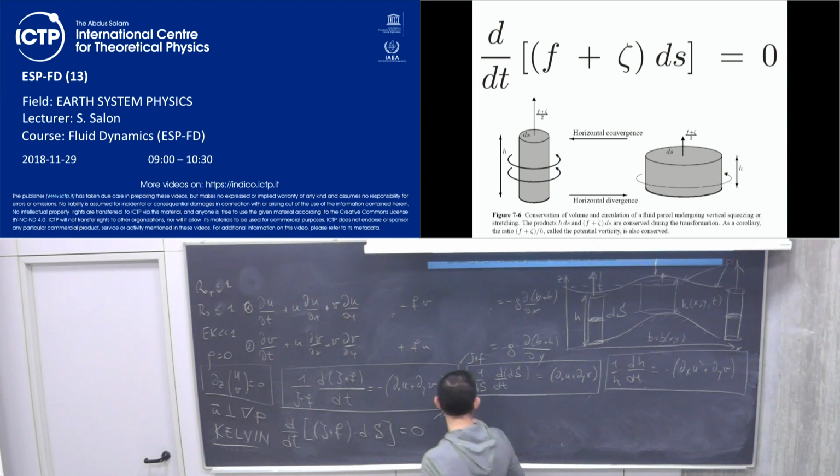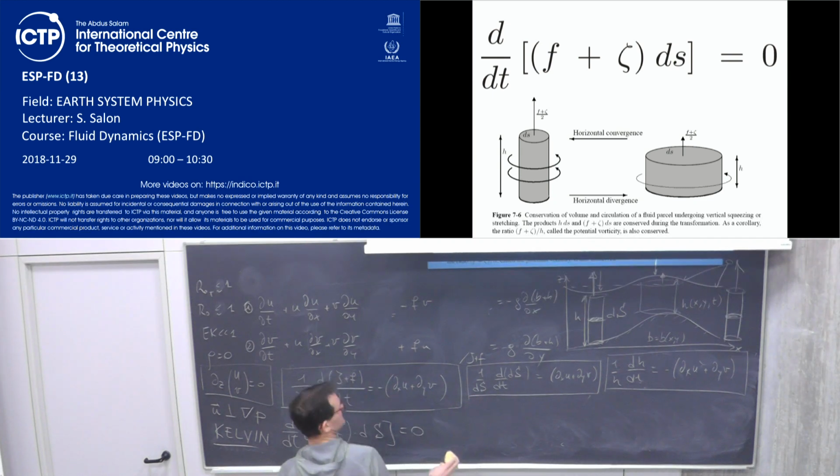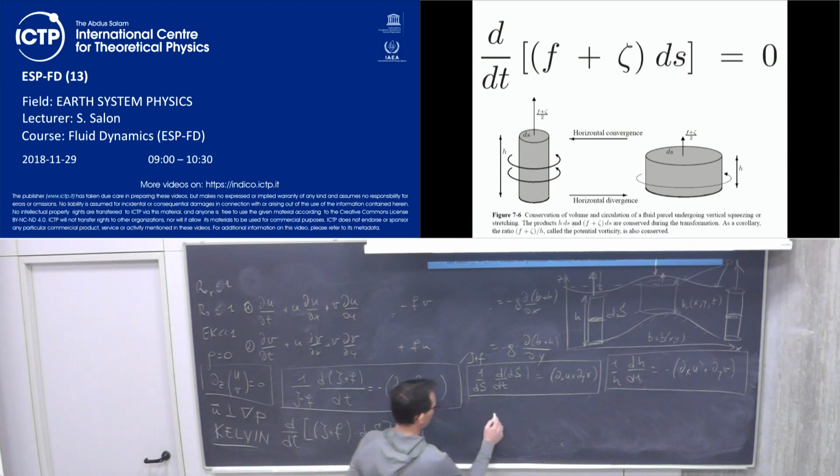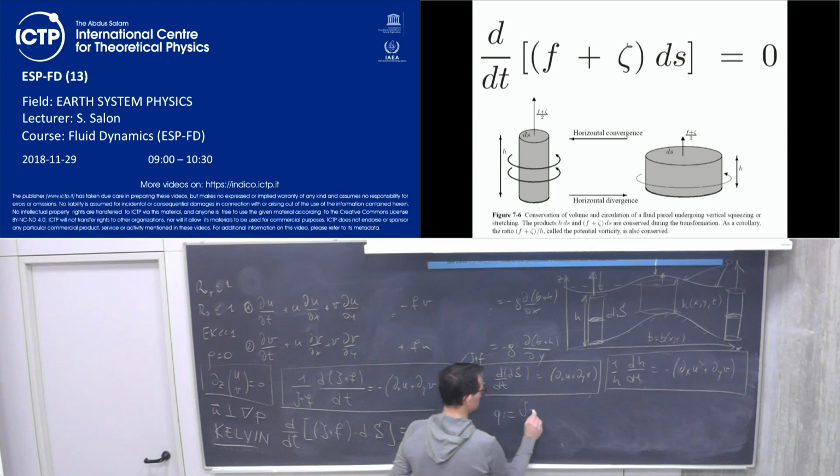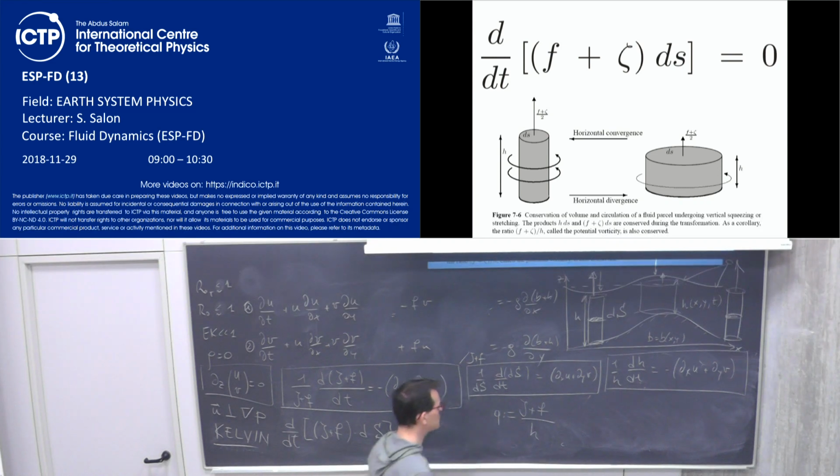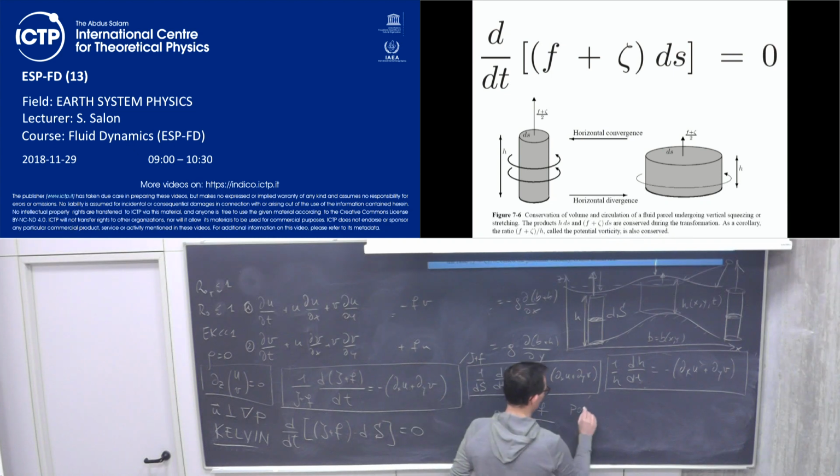We can say that if we define a new quantity, which I call Q, which is the ratio between the total vorticity and H, this is called potential vorticity.